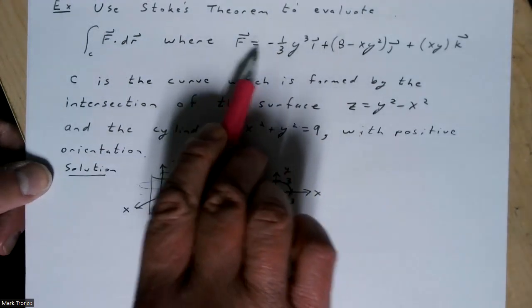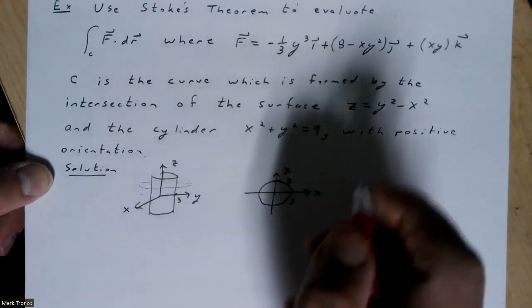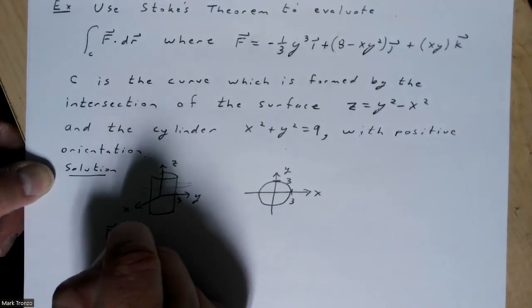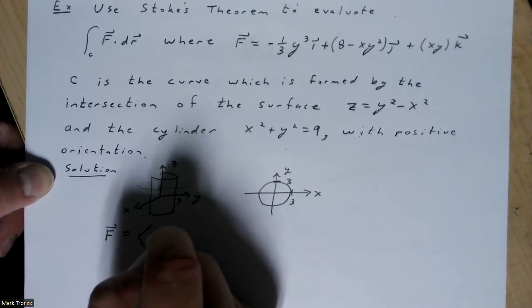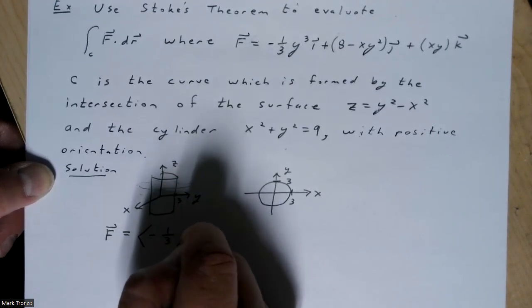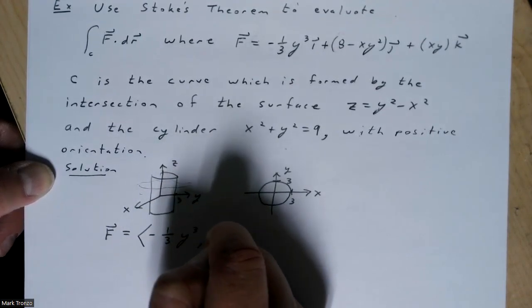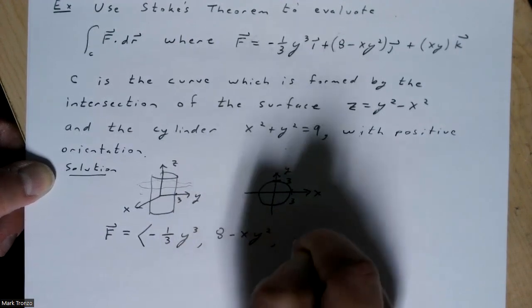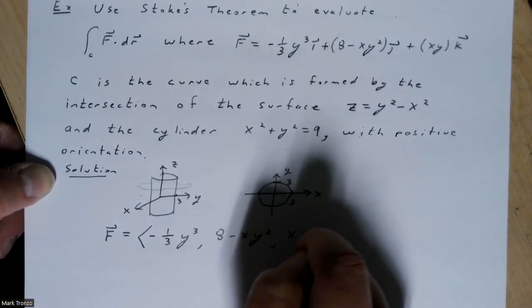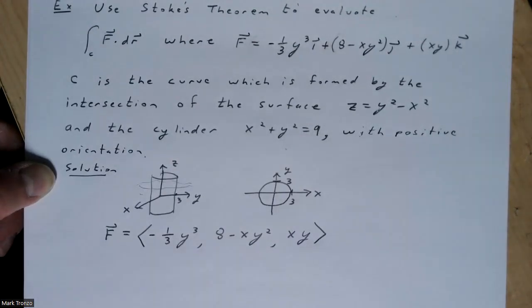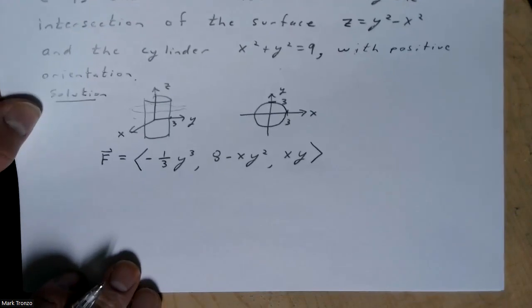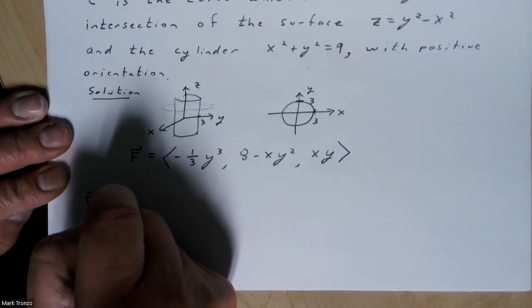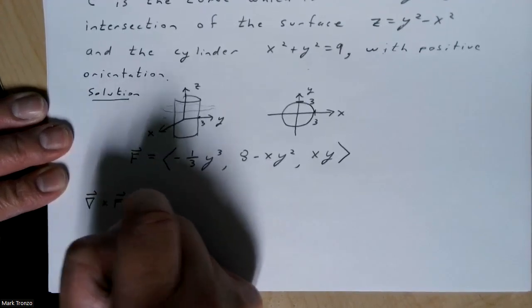Let me write this vector field F out a little bit more nicely, just so we can have it in a cleaner form. Like this. So we're going to need the curl of that. So the curl, of course, is going to be this cross product.